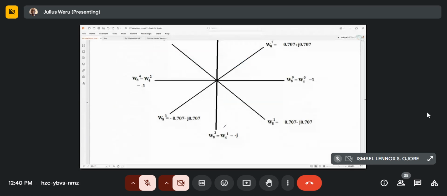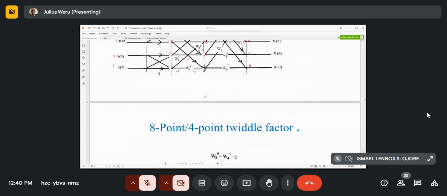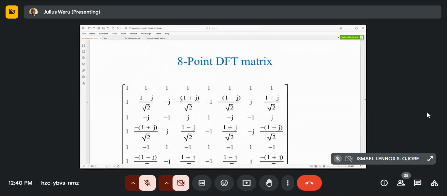So let's note the two. There is using the FFT, and there is using DFT matrices: 4-point DFT, 8-point DFT. It can also be an odd-numbered DFT. It will still work, but it will be different. Normally, you use even-point DFT matrices.